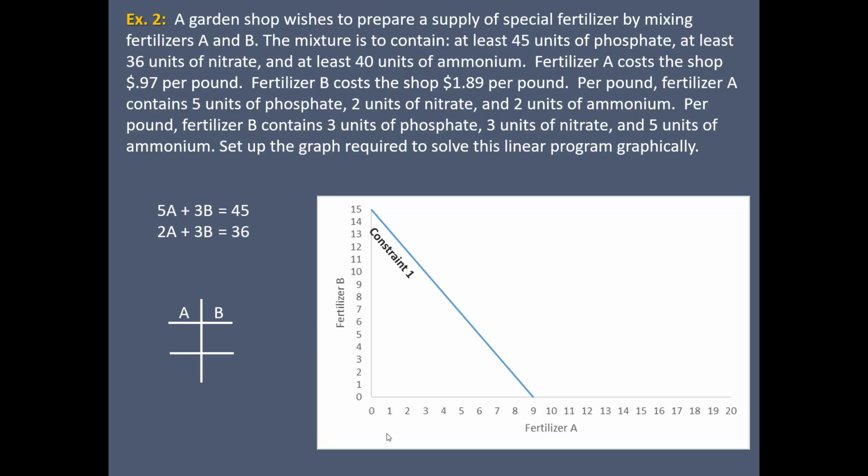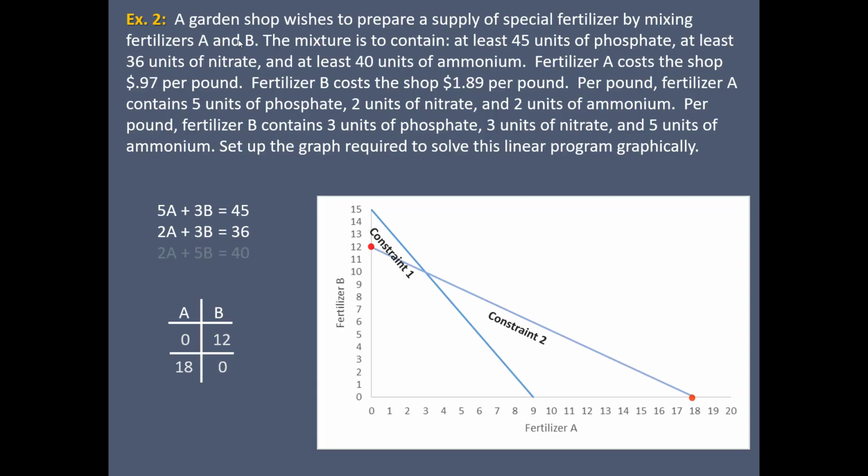Subbing in 0 for A, we end up with 3B is equal to 36, B is equal to 36 divided by 3, or B is equal to 12. Graphing the point 0, 12. Subbing in 0 for B, A would be 36 divided by 2, or 18. And now graphing the point 18, 0. Connecting those 2 dots, we have now graphed our second constraint.